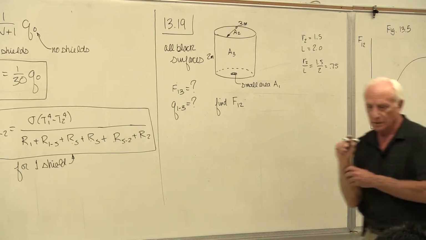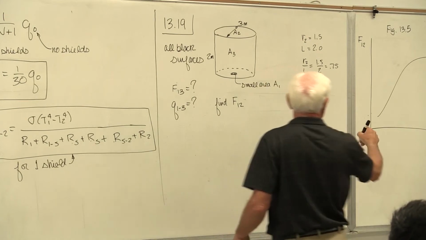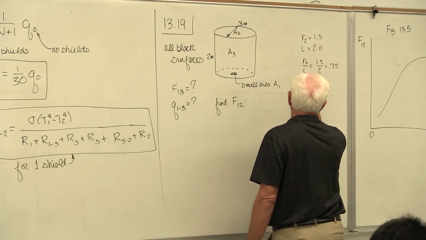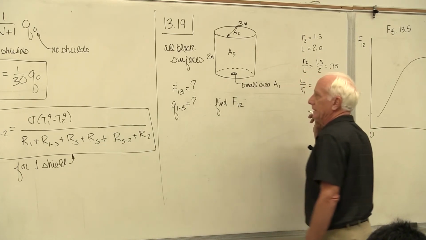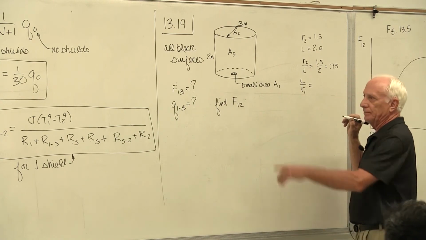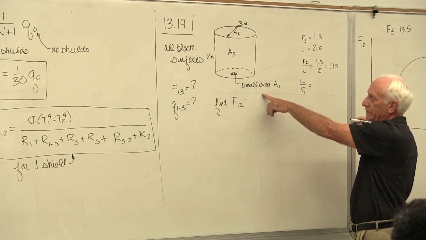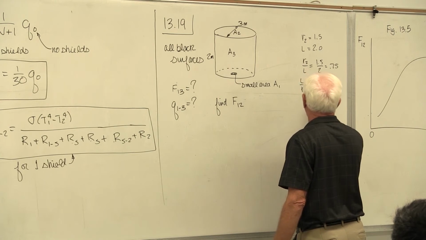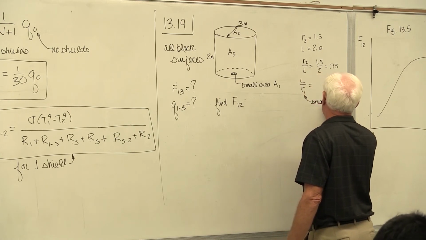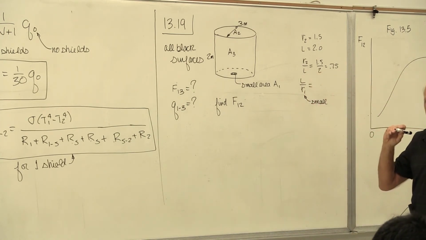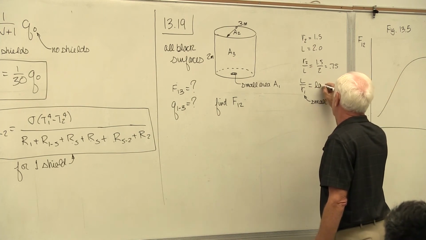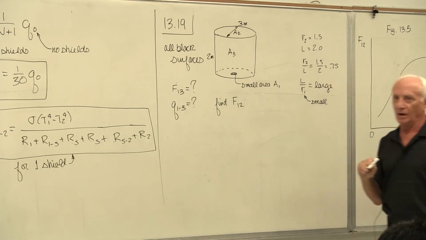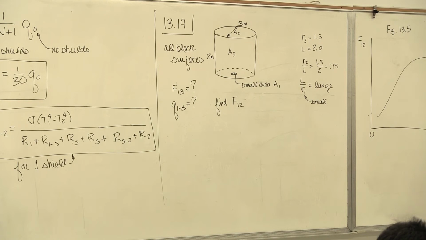Got it? Then for the x-axis, I need L over R1. But he gave me a big hint. He said that's a small area. Okay, good. So I know R1 is small. That means something divided by a small number must be large. L over R1 is large. Where's large on the graph?